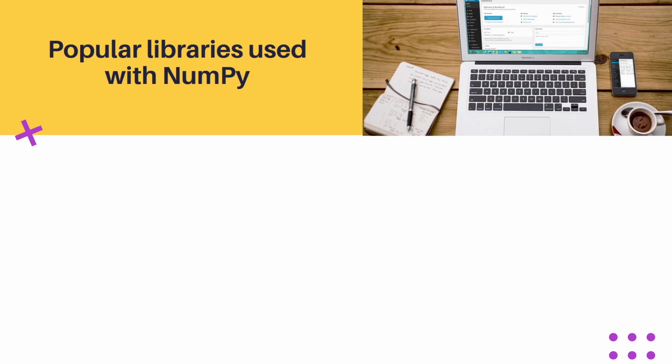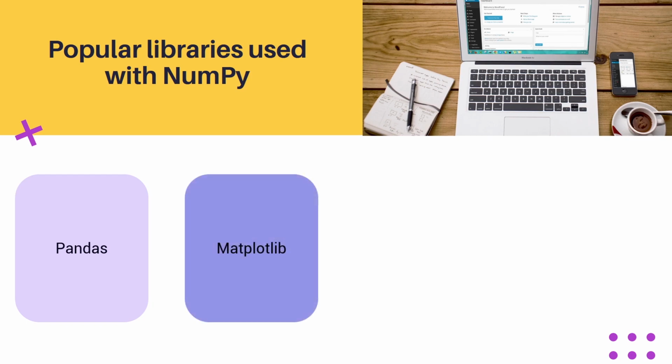Let's take a look at a couple of these libraries. First, there is Pandas, which provides data manipulation and analysis tools, including data structures for handling tabular data and time series. Matplotlib is yet another popular library used for data visualization, providing a range of charts, plots, as well as graphs.